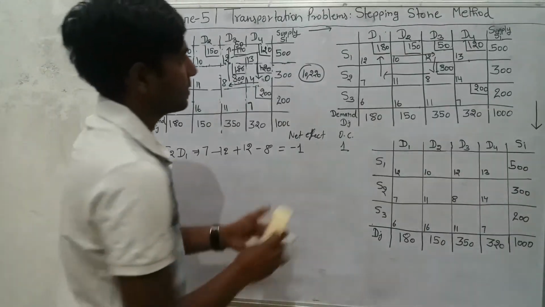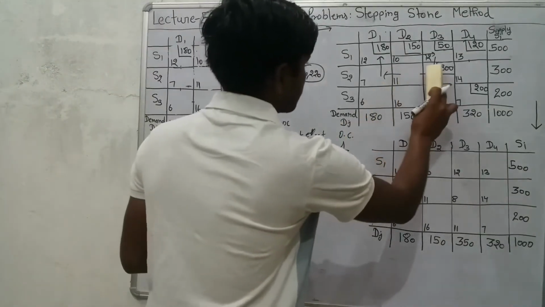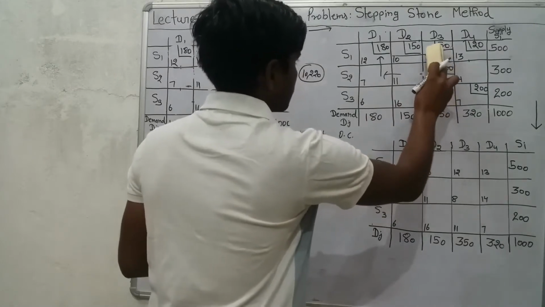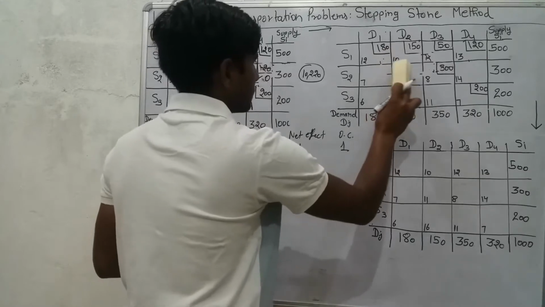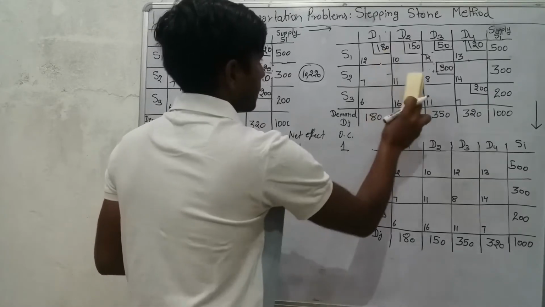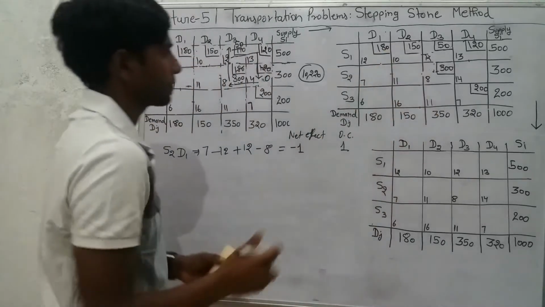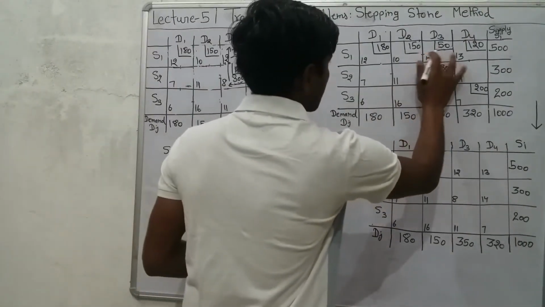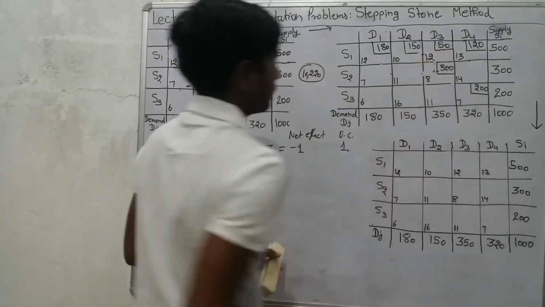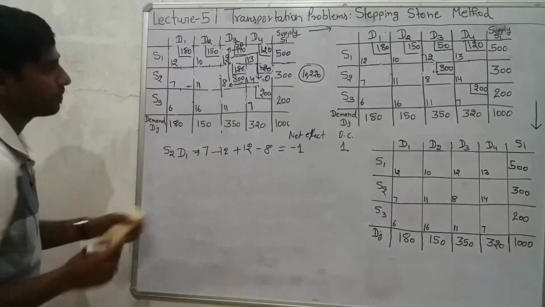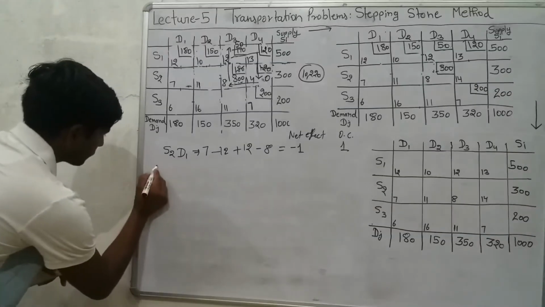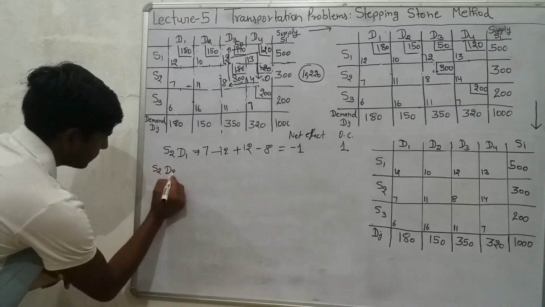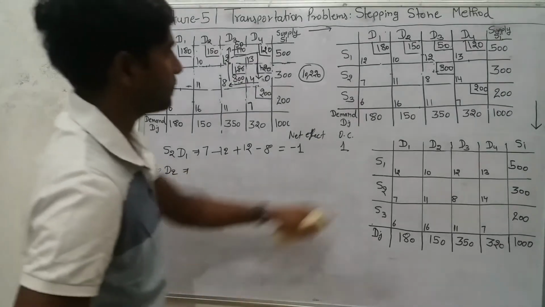Next, just clearing this one. Which one is the next empty cell? We can take S2 D2. What would be the route for this cell?